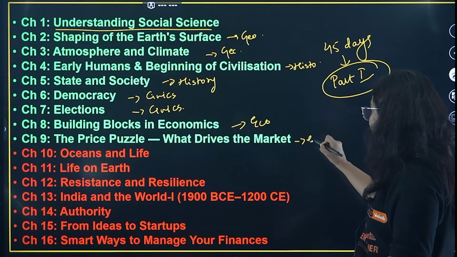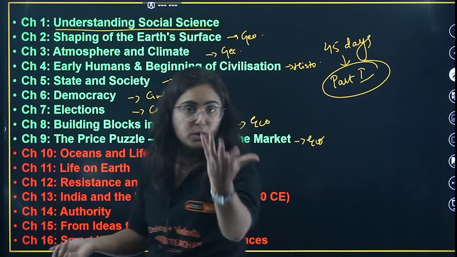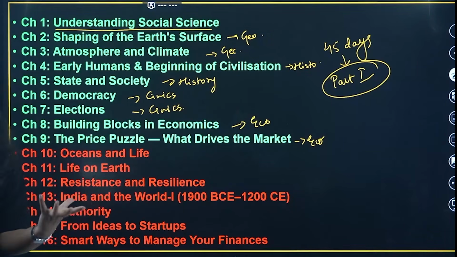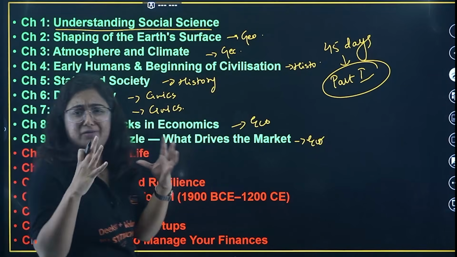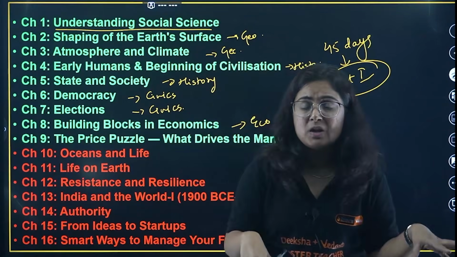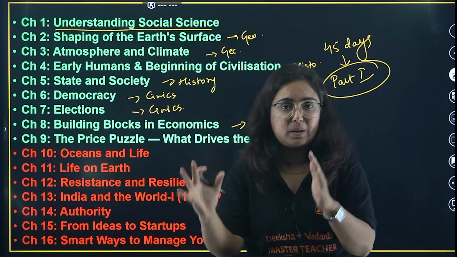And then price puzzle, a detailed chapter, has a lot of new concepts which you were not told in the previous classes. However, economics is new itself for class 9, but still it was very easy up till last class. Now actually the level has been enhanced by CBSE.